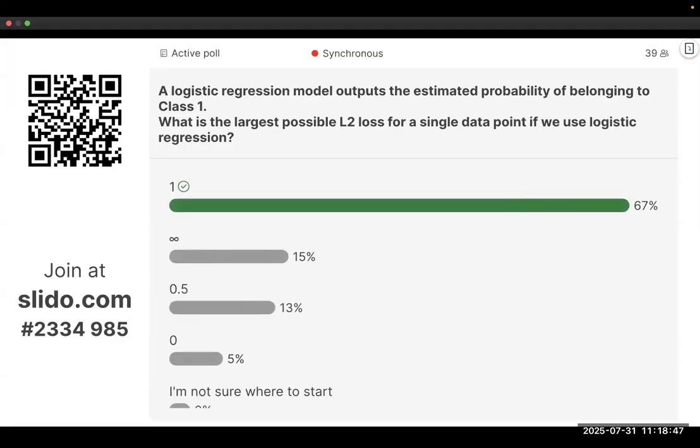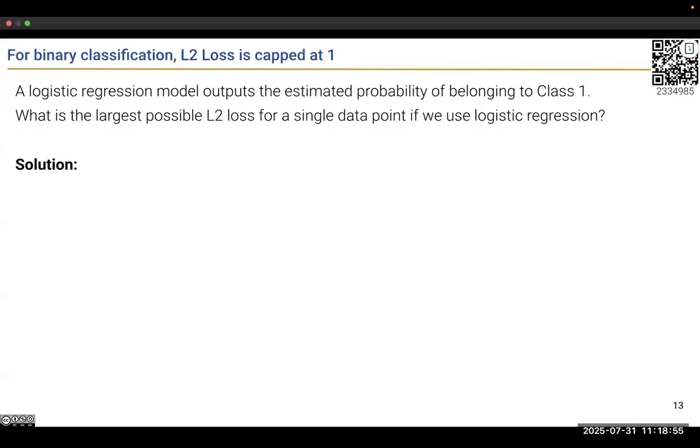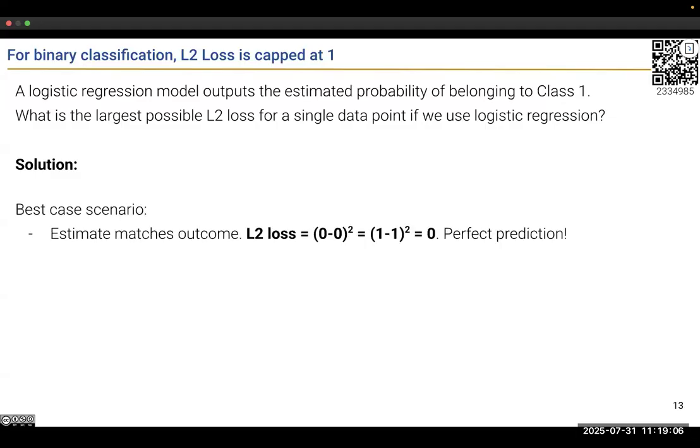So what do we think? Okay, majority of the people got the correct answer. So the largest possible error will be what? Why is that? Let's consider the extremes. Let's actually consider the other extreme first. Consider if your estimated probability exactly matches the true response.